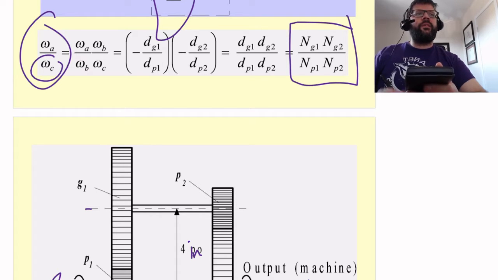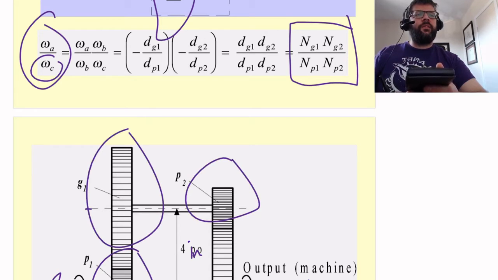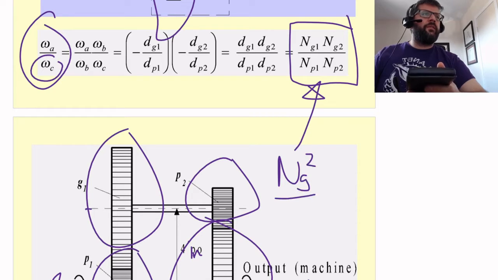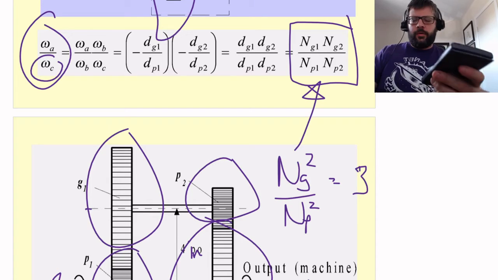Now, if we're using identical gears for the pinions and for the gears, so if P1 is identical to P2 and if G1 is identical to G2, then this relationship ends up being NG squared divided by NP squared is equal to our gear ratio, so that's going to be 9.